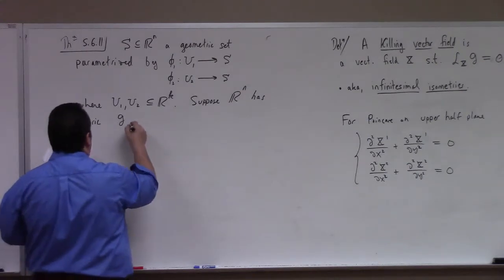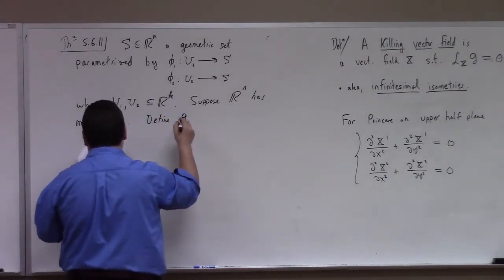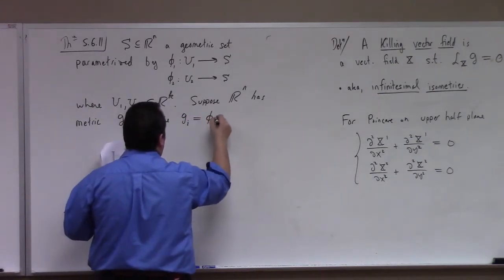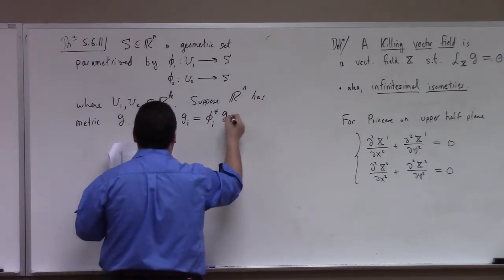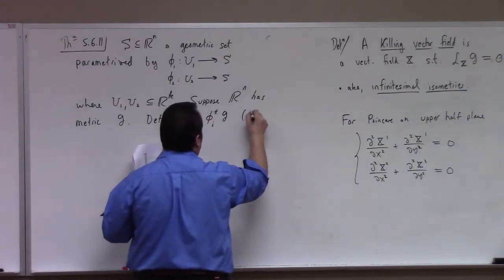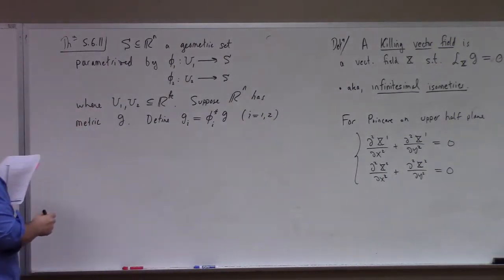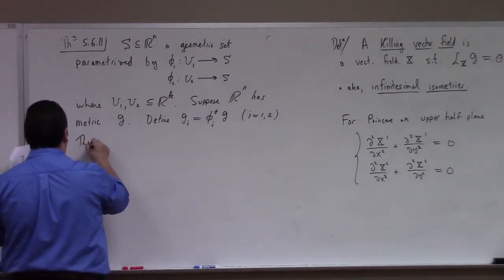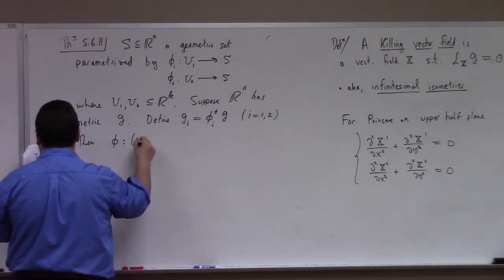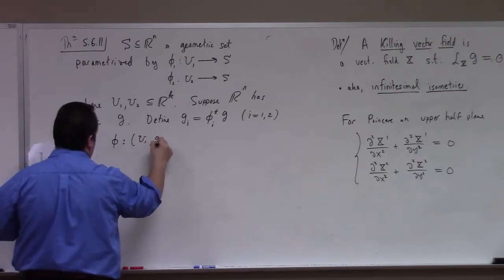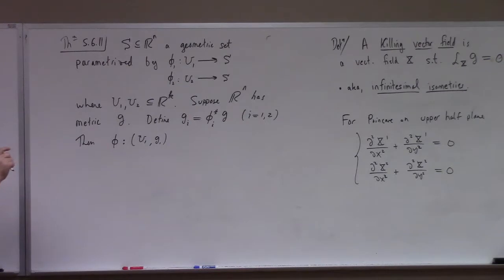He says define G sub i as the pullback under the ith map, the pullback under phi i of G, for i equals 1 and 2. Then phi, which goes from U1 comma G1. So here he's pairing the Riemannian space with its metric, okay?